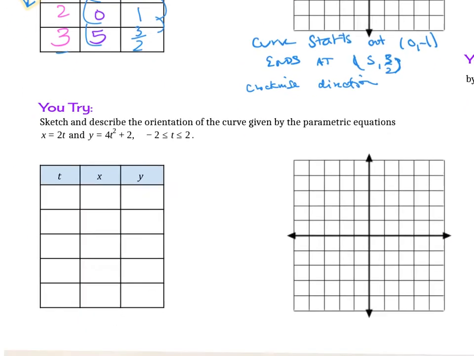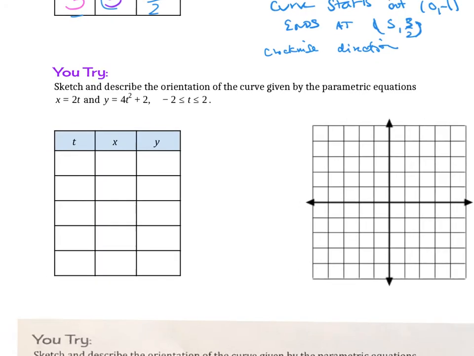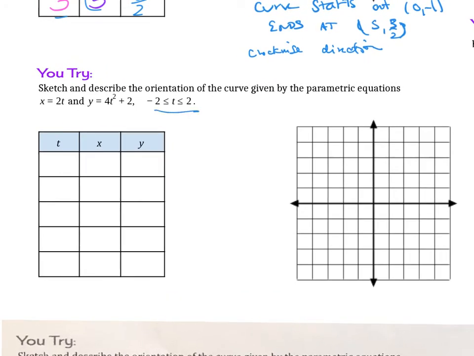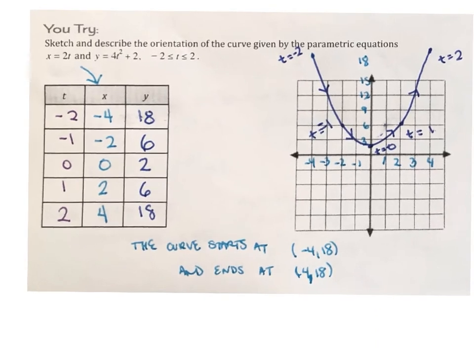So try this example here. Sketch and describe the orientation of the curve given by the parametric equations. It gives us our parameters for t, and that should help you out. Try this out. So again, it gave us the parameters of -2 to 2, so you plug it in here. As t increases, that's how we know which direction our curve is moving. You plug in -2 for x, then you get -4, and you continue on to get these x values.